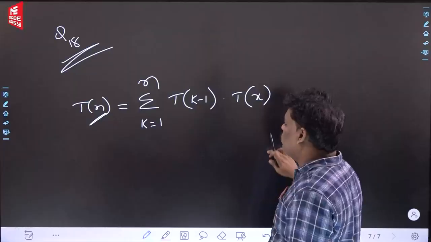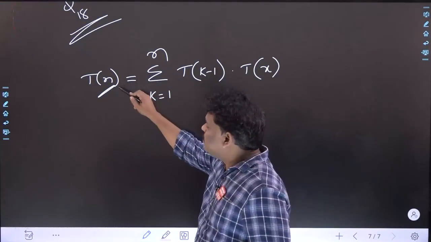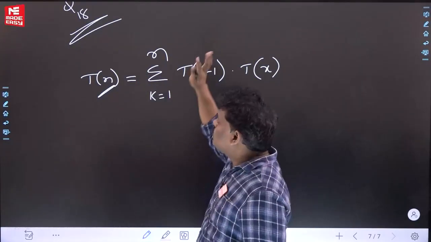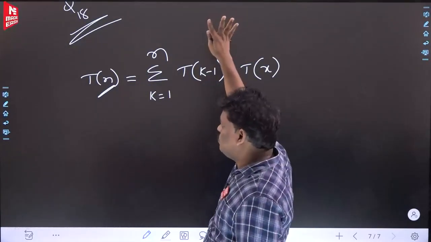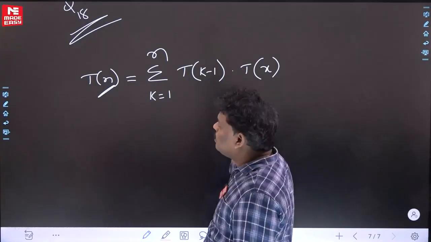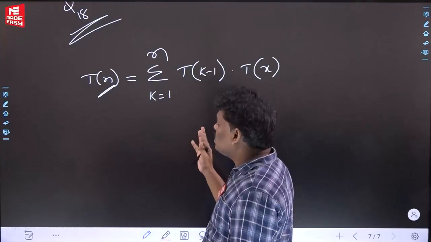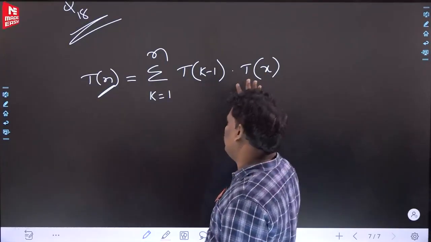Please be careful. Now let me ask you one small thing, listen carefully. If the total nodes are n, out of those n nodes, one person is root, whoever it may be. Remaining are n minus 1. With n nodes how many BSTs are possible, that's okay.